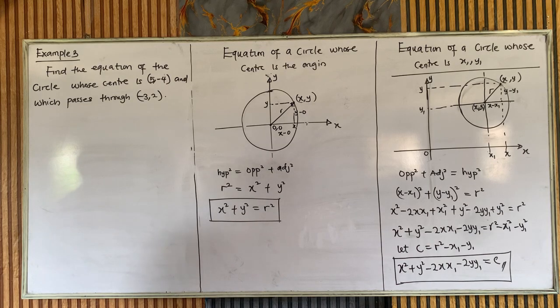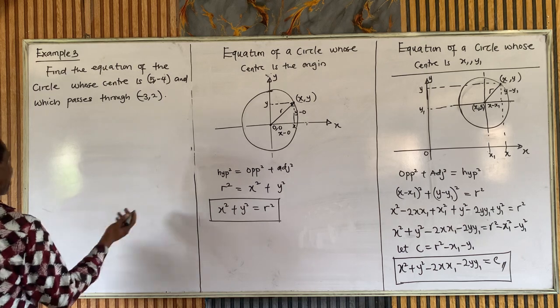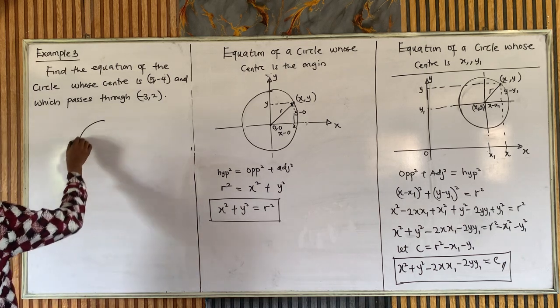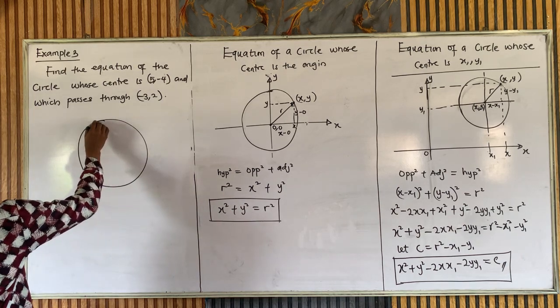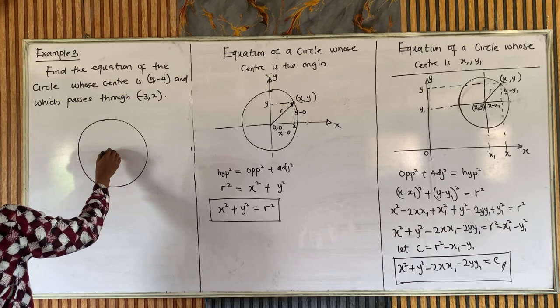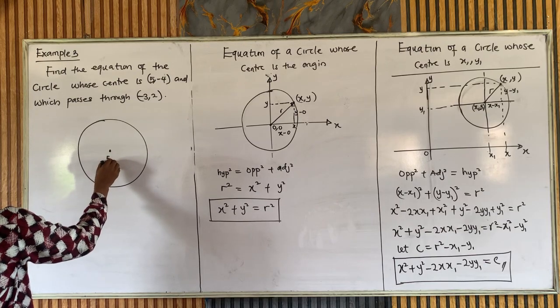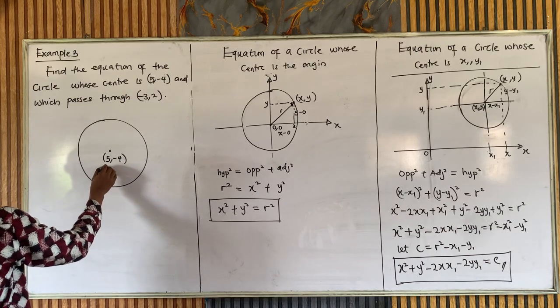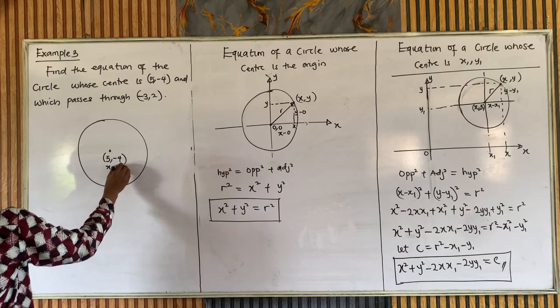Example 3, find the equation of the circle whose center is 5, minus 4 and passes through minus 3, 2. Now, let me sketch this. This is a circle. The center is 5, minus 4. So this is our x1 and this is y1.